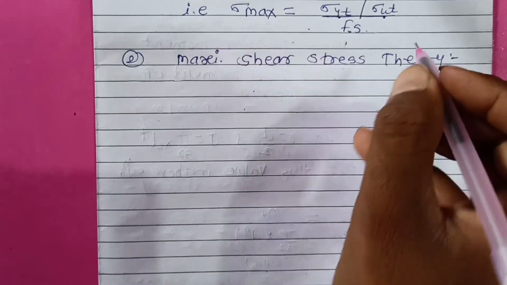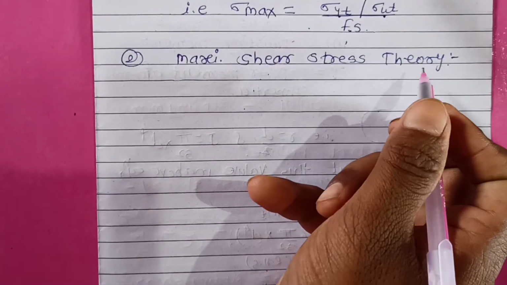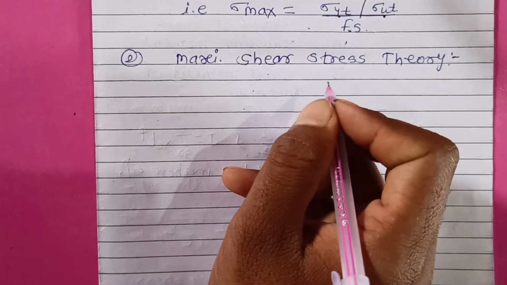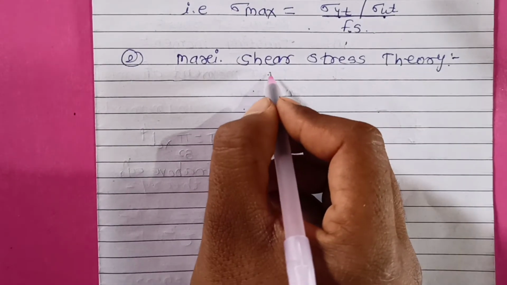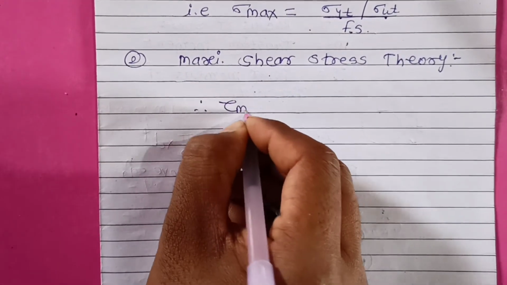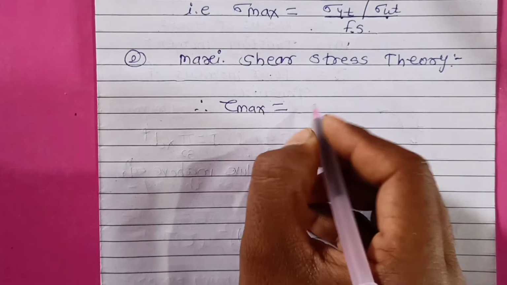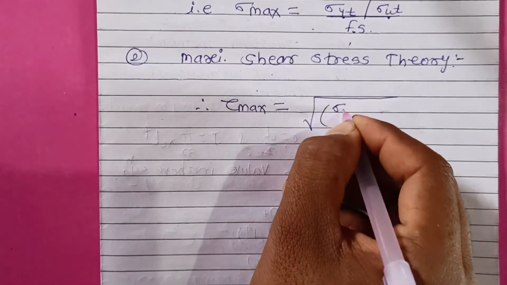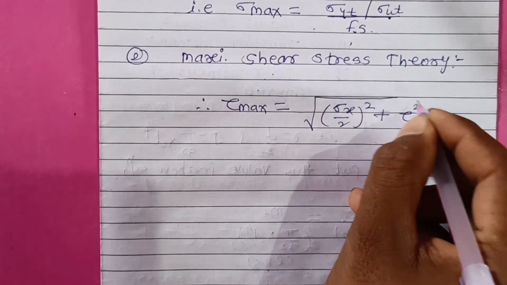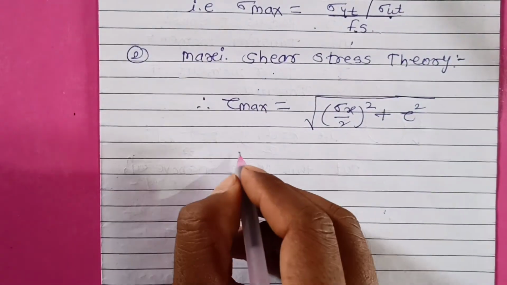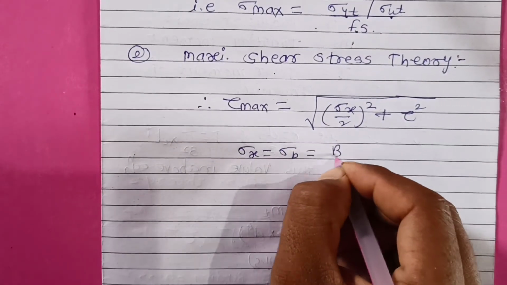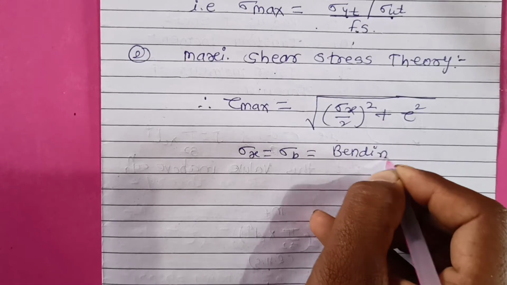This theory is used for ductile material only, and the formula of this theory of failure is tau max equals under root (sigma x divided by 2) bracket square plus tau square. Now sigma x is nothing but sigma b, and sigma b is nothing but bending stress.